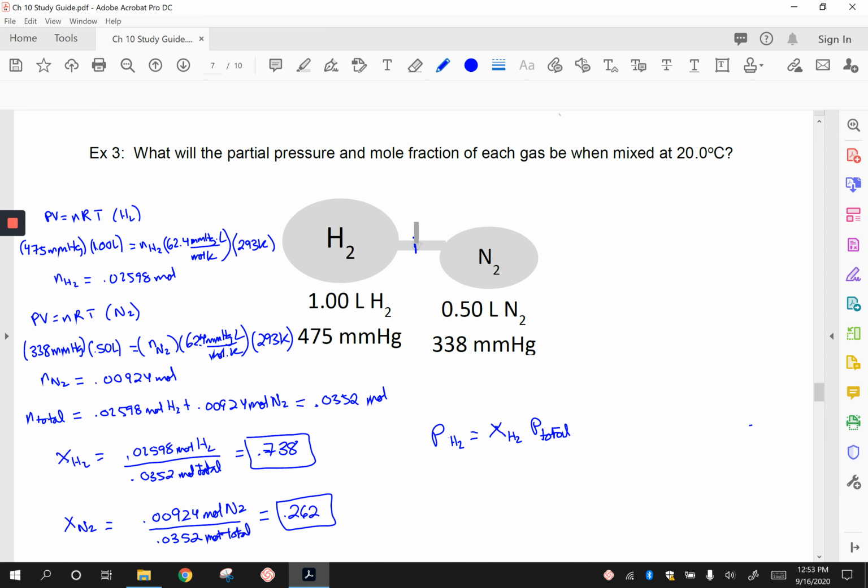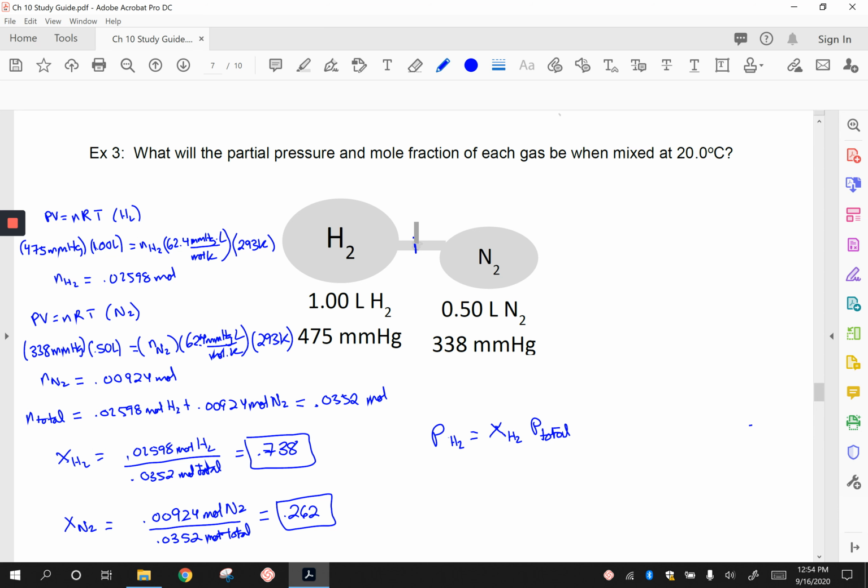I have the mole fraction of the H2 right here, but I don't know what the total pressure is. Can I add these two and that would give me the total pressure? The answer is no, I cannot.